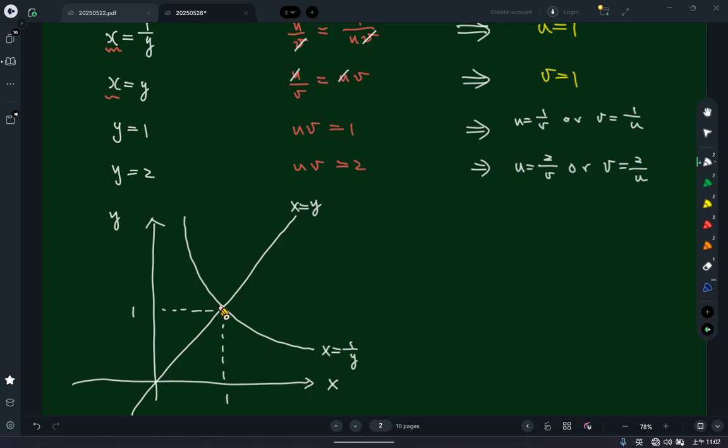Then the third one is y is equal to 1. So this is y is equal to 1. And then y is equal to 2. So we can see the region bounded by these 4 lines will be here.